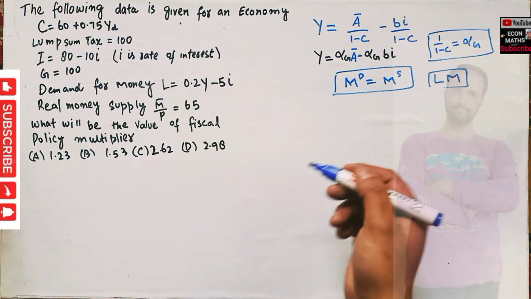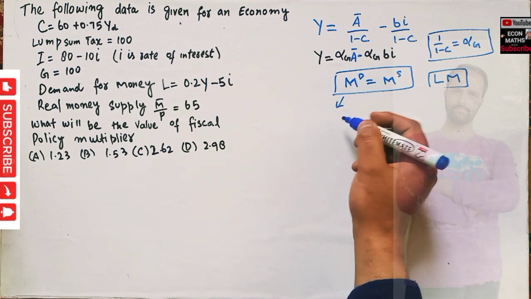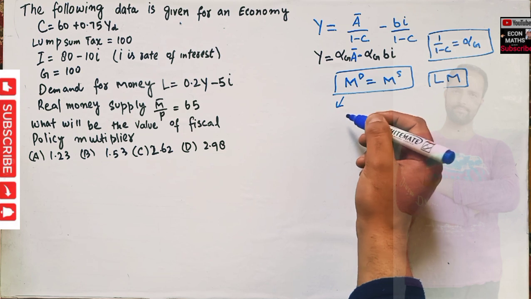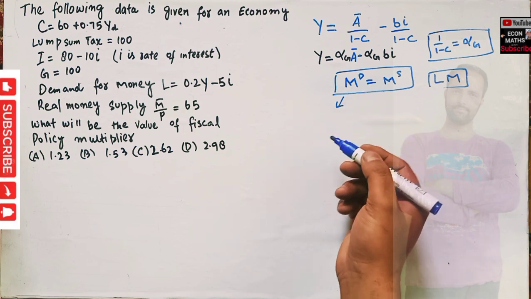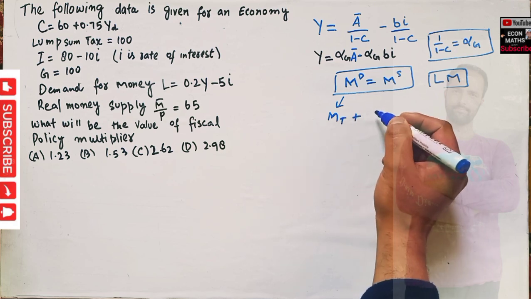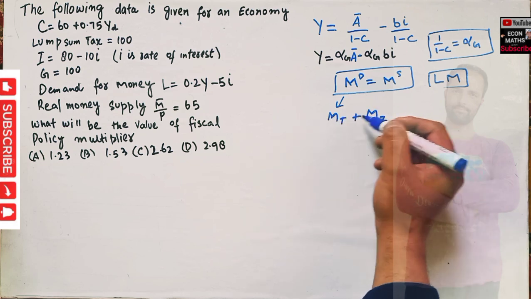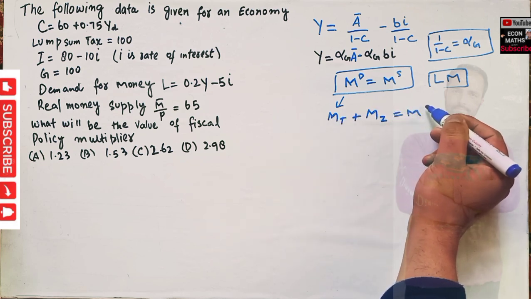Now demand for money is a positive function of income. Demand for money has two components: first the transactionary demand for money, and second the speculative demand for money. These two add up, and this should be equal to our money supply.